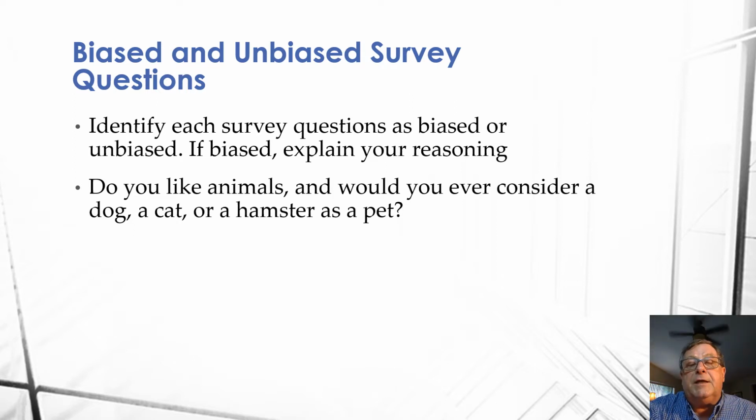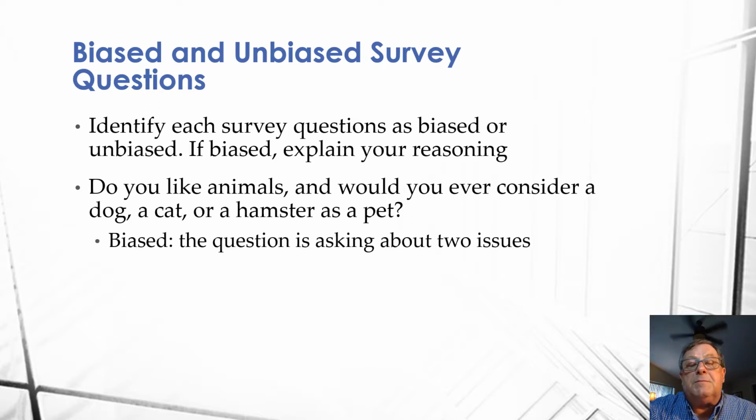Well, that's the second issue. And in fact, within the second issue, we've got 1, 2, 3 issues. And so we're going to have to say that this question is biased because it is asking about 2 issues. Do you like animals? And then would you consider, and then you have 3 choices as a pet. That in itself, the second part of that survey question is also biased. So we got a double bias right there.